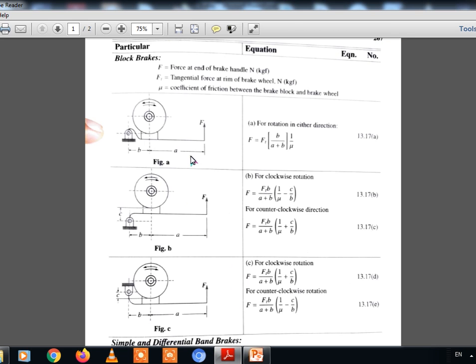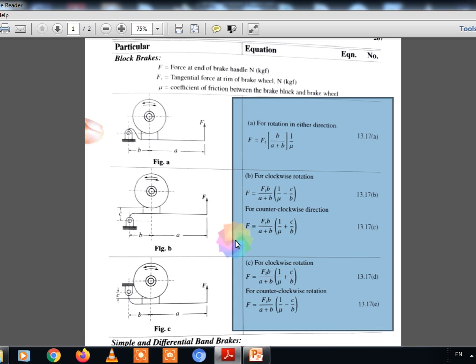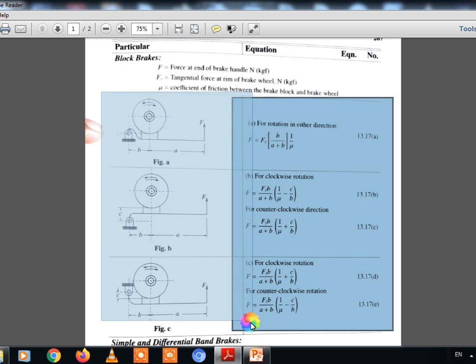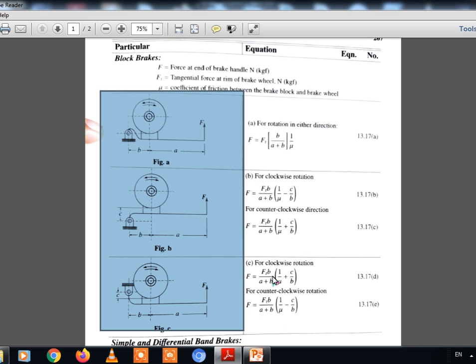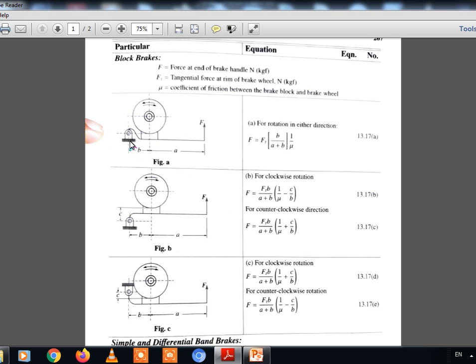In the data handbook we have different equations on the right side for the three cases which are discussed. In this case you can see the fulcrum is in between the disc and the force.